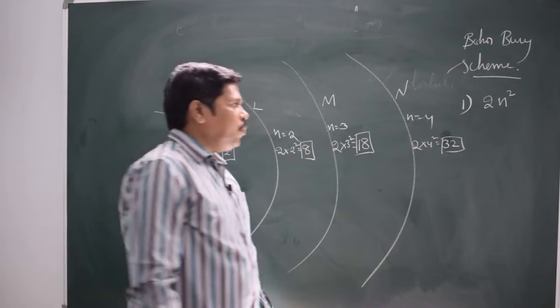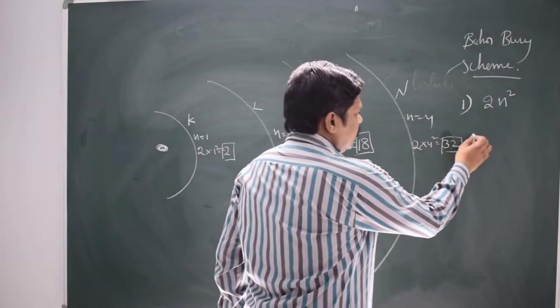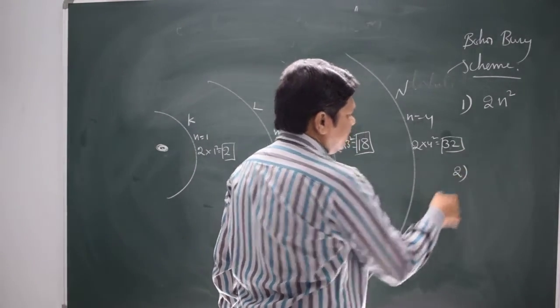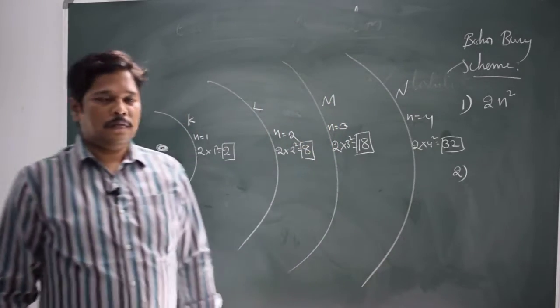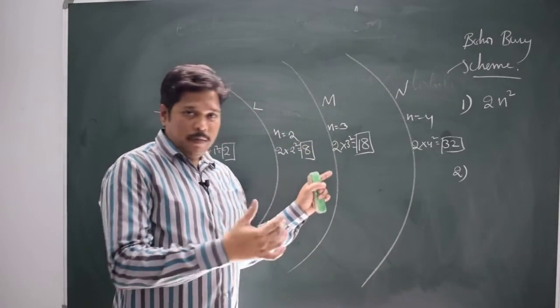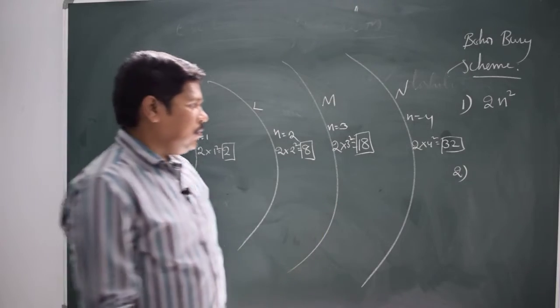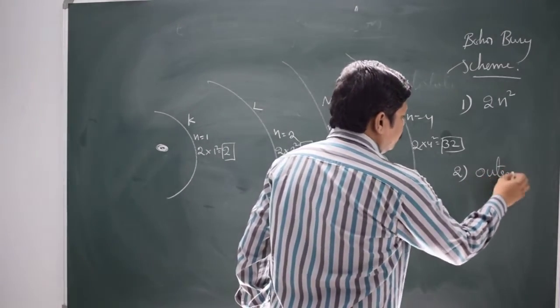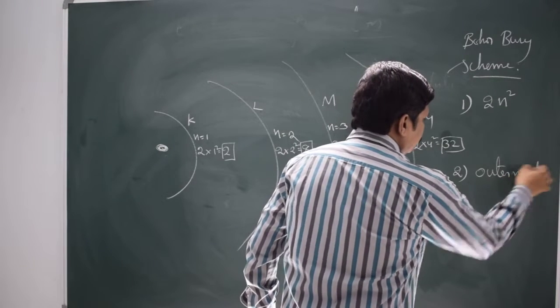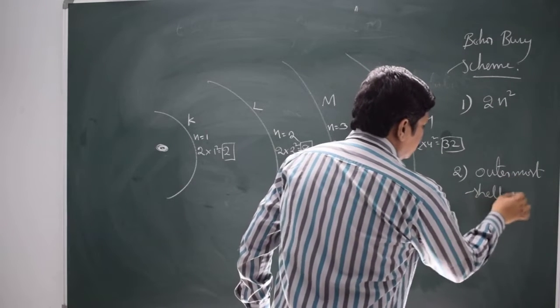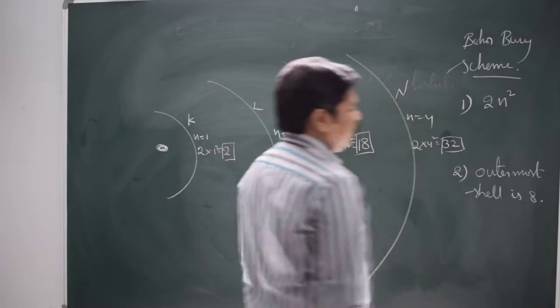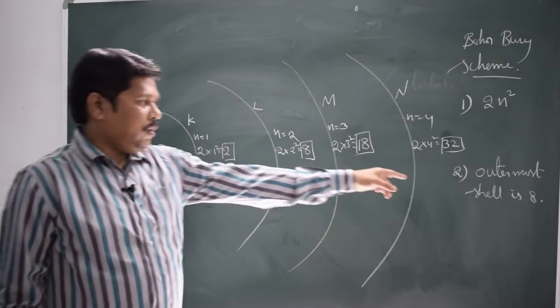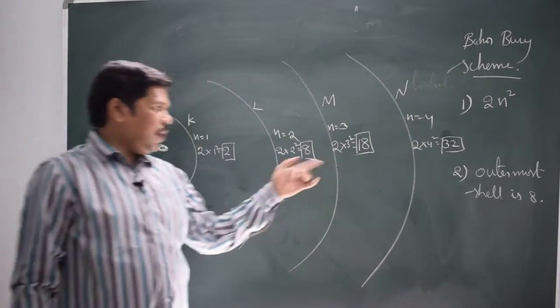Then we'll go with the second rule. The second rule is that the maximum number of electrons that can be accommodated in the outermost shell is 8. This rule seems to violate what we have learned.